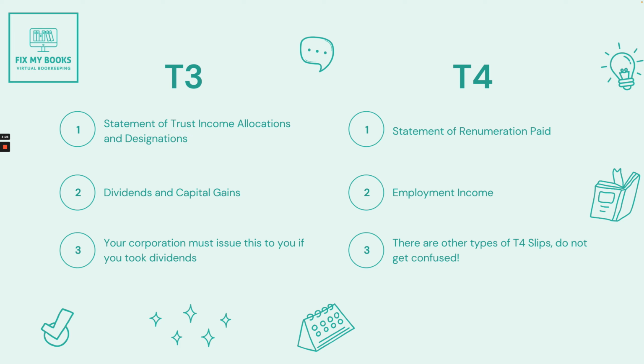This is not like stocks or something, this is a corporation that you own. So if your corp issues you dividends throughout the year, you will need to file a T3 for those dividends in your personal tax return. And if you have a bookkeeper, they should be making this T3 slip for you, or your accountant should be making it for you.